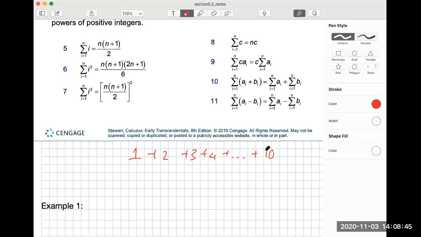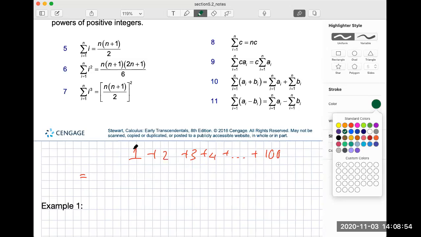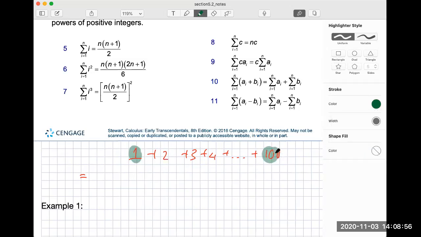For example, we add up to 100, right? He did it this way. I was told that we add the first one and the last one.